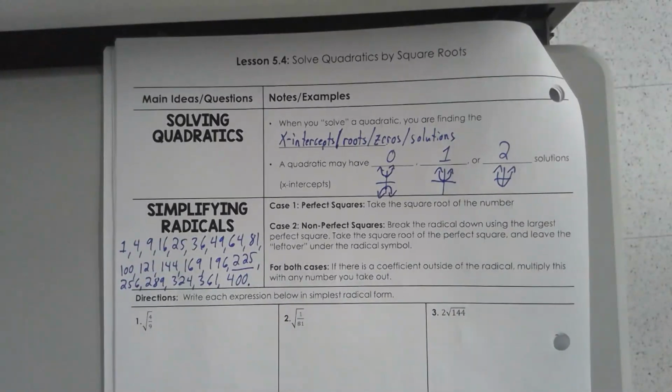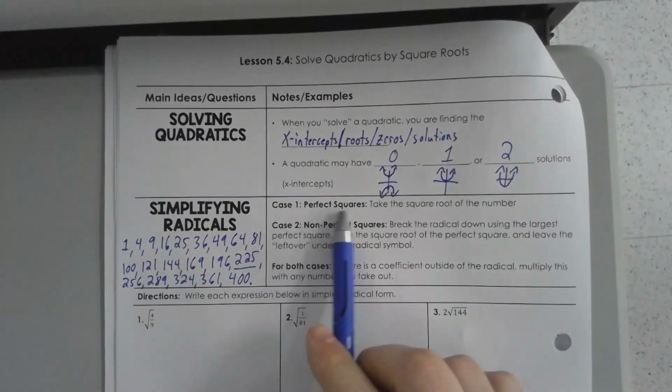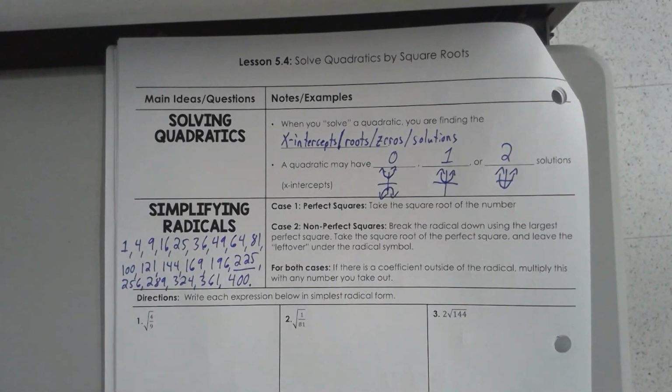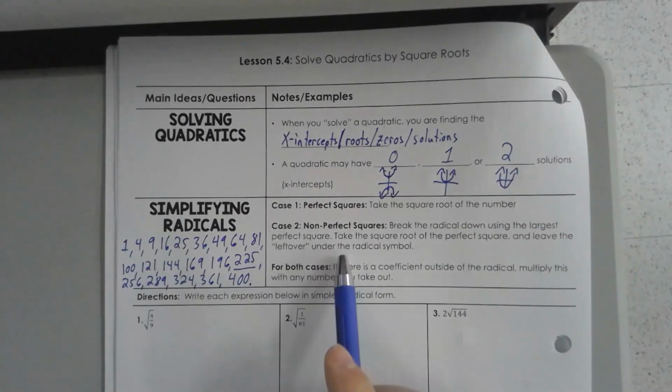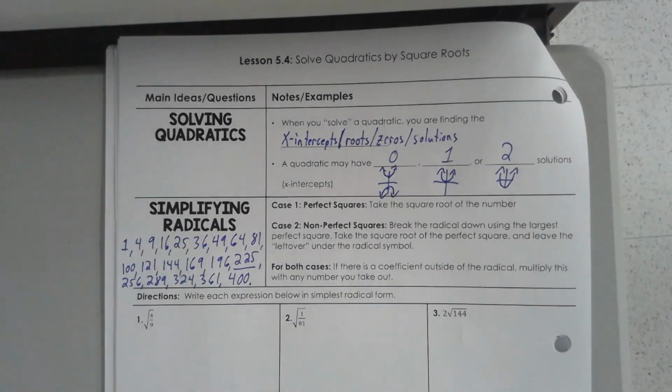What we're going to do is simplify radicals. You see case 1 here, perfect squares, that's all these numbers. Case 2, those are your non-perfect square numbers like 2, 6, 8. Our goal here is we've got all these radicals, and radical is just another name for the square root.